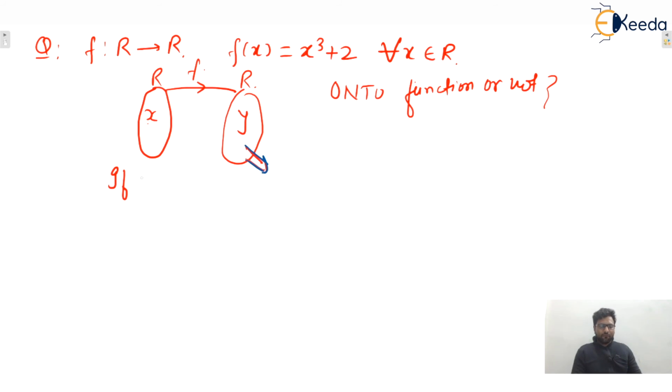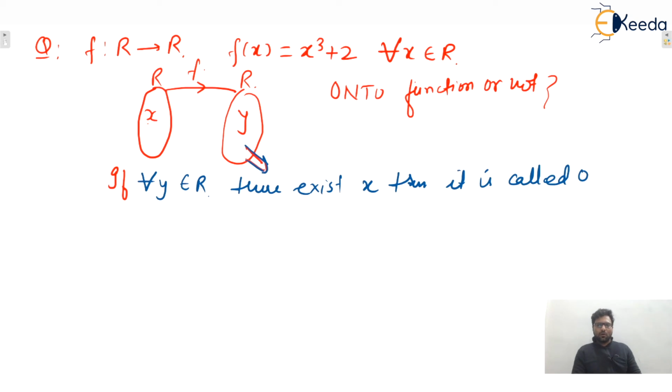So if for every y belongs to set of real numbers there exists x, then it is called an onto function. Let us check once. Here y equals f of x equals x cube plus 2.